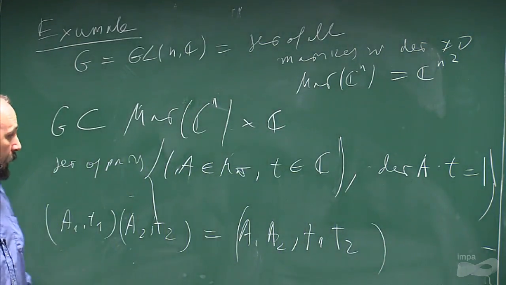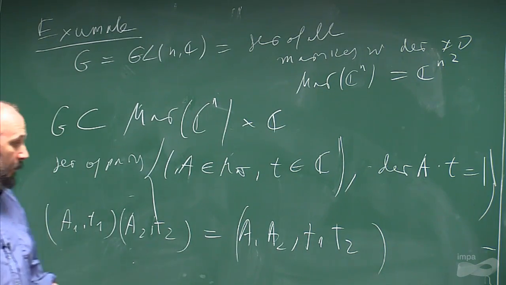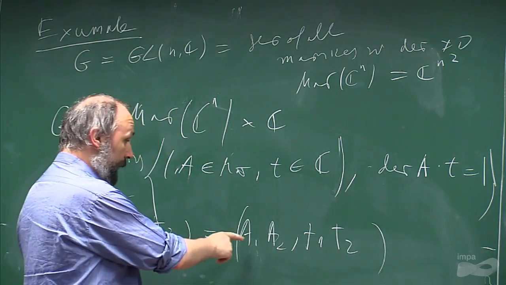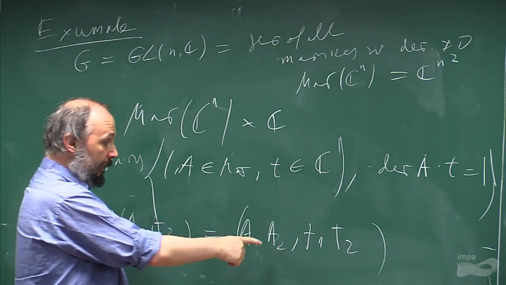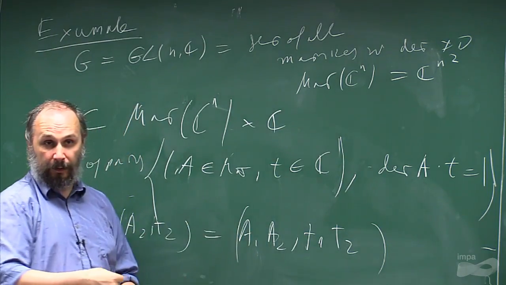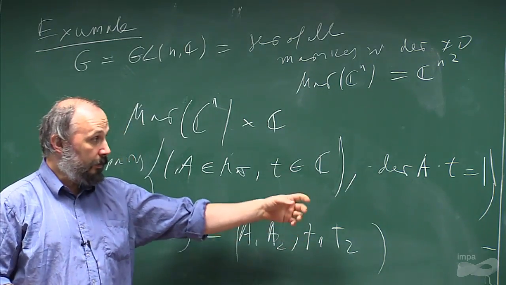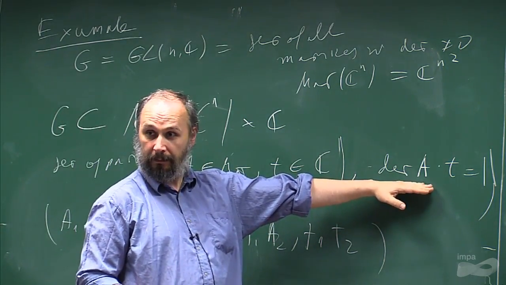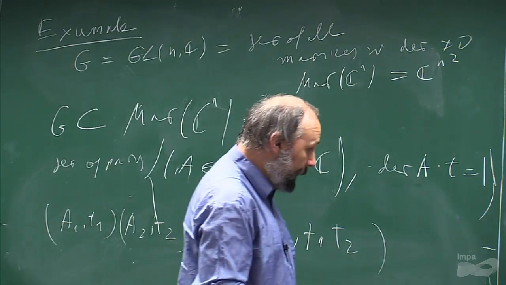This is the product of two matrices, and so T1 is determinant of A1 to the minus 1, T2 is determinant of A2 to the minus 1. The determinant of the product is the product of determinants, so this is also an element of this set. So this defines a nice associative product.